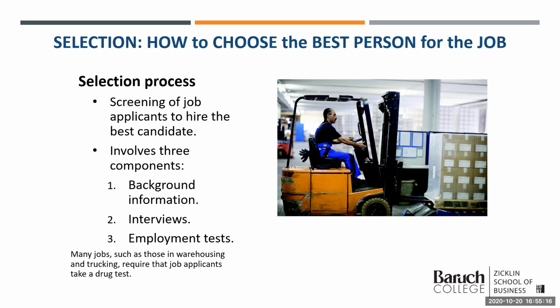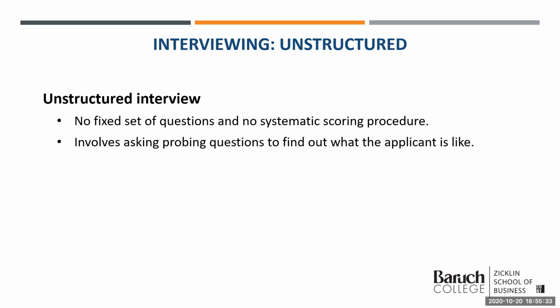So this is the kind of information that you would get from, let's say, a resume. And then you want to conduct interviews to get further information about these candidates. And in some instances, you want to maybe administer employment tests. So we'll just talk a little bit about each of these.